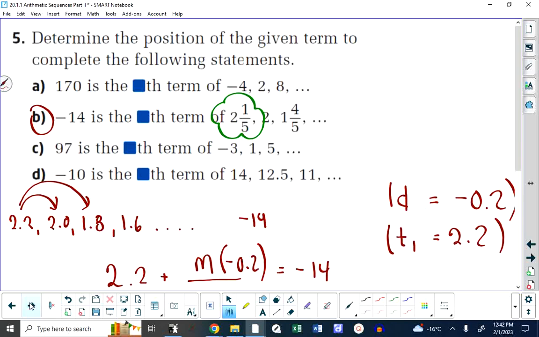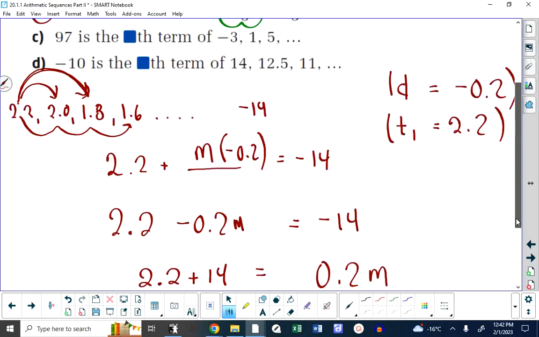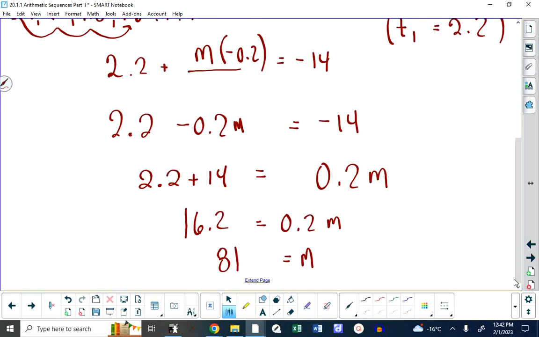When I add 2 common differences, I get the third term. If I add 1, 2, 3 common differences, I get the fourth term. So if I'm adding 81 common differences to get to negative 14, negative 14 is the 82nd term.